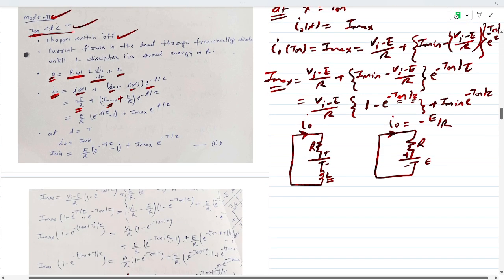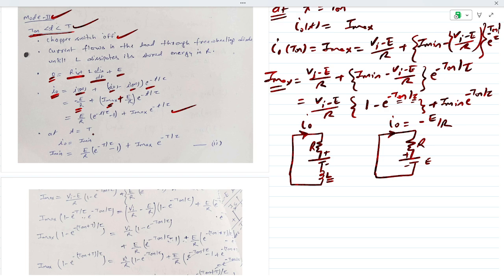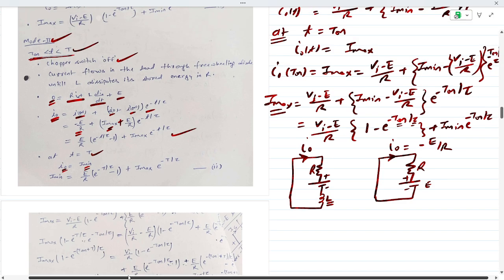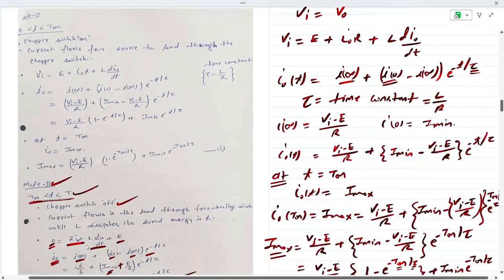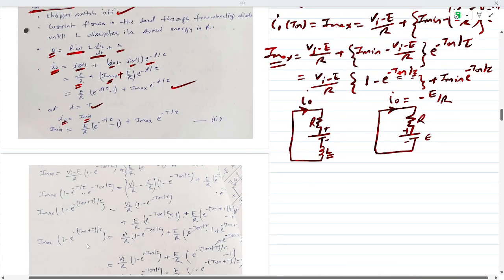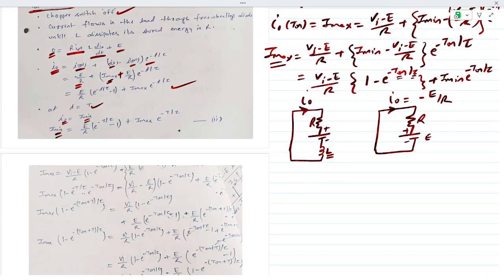So we get this equation, and at t equal to capital T, at the end of the second cycle, your i naught will be I min. It is reaching this I min, so we can put the value of that I min here, and we will get this equation.